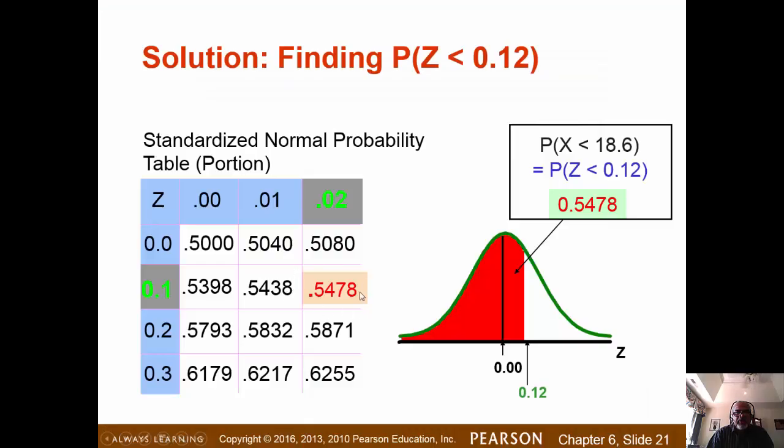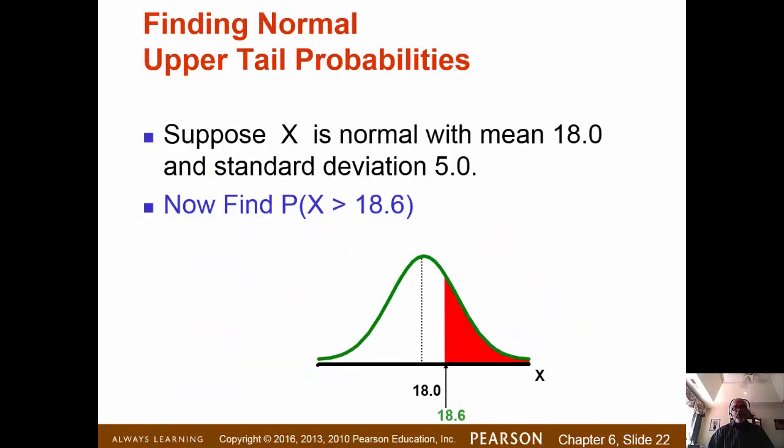So that 0.5478 is the probability that z is less than 0.12, which is the same as the probability x less than 18.6. So this is how you would use the conversion from x to z and then use z in the normal table.